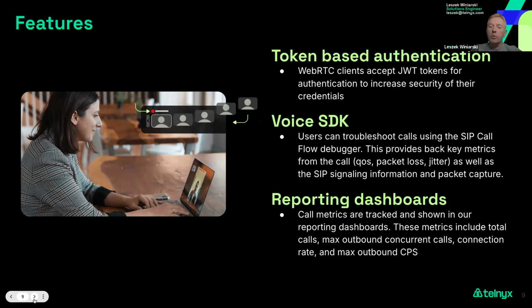You can also check different metrics for voice over IP calls, like QoS, packet loss, jitter, as well as SIP signaling information. And you can also capture the packets, which you can later export if you would like to troubleshoot that communication, for instance, in any kind of external tools.